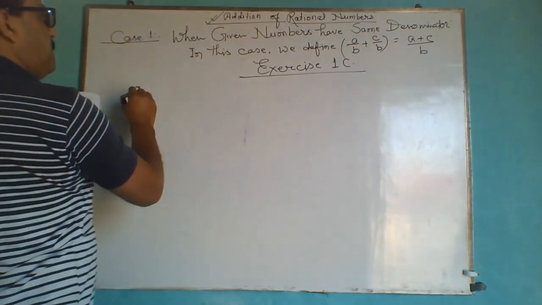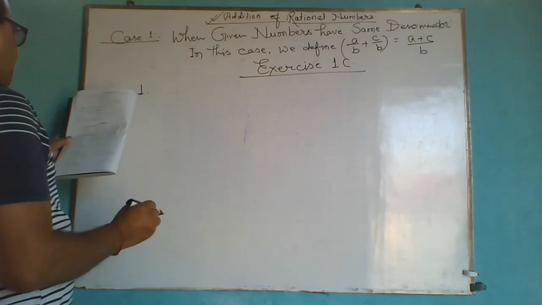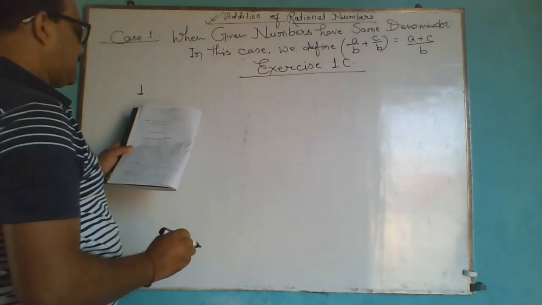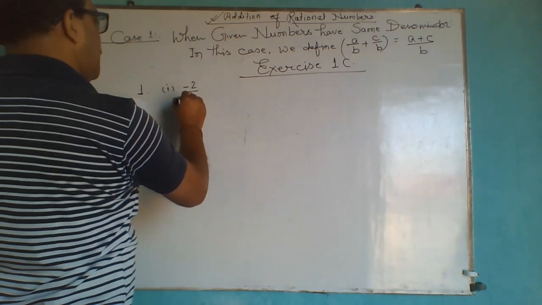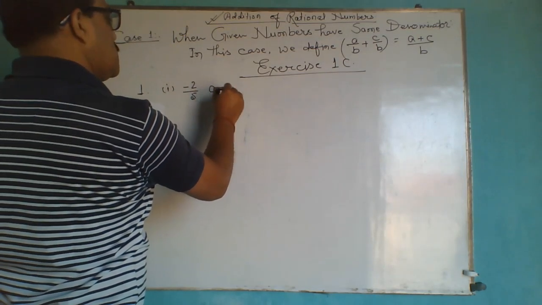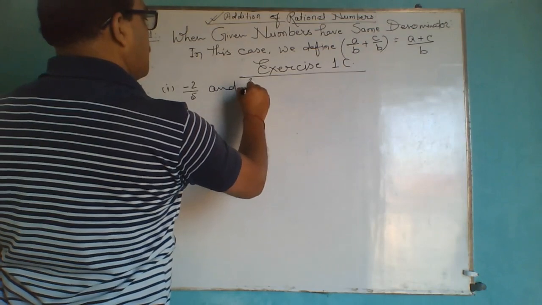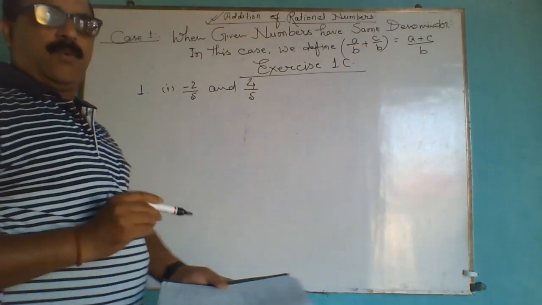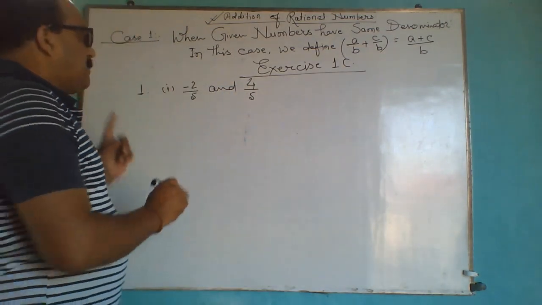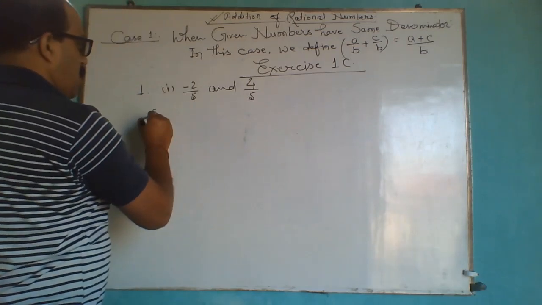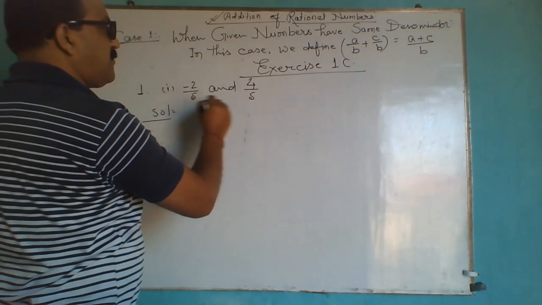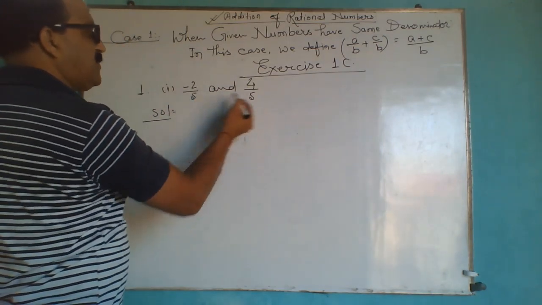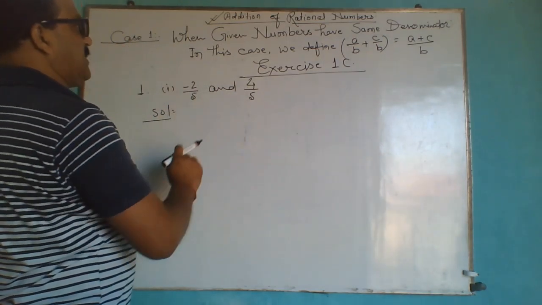is on the same property. Add the following rational numbers: minus 2 by 5 and 4 by 5. Here, what have we seen? We have seen minus 2 by 5 and 4 by 5, in both places the same denominator.